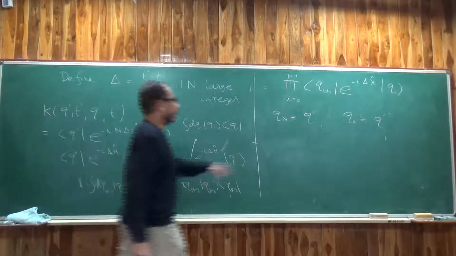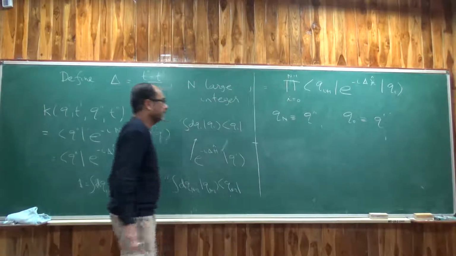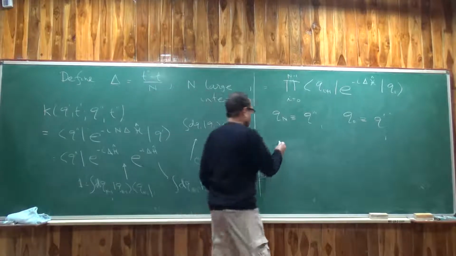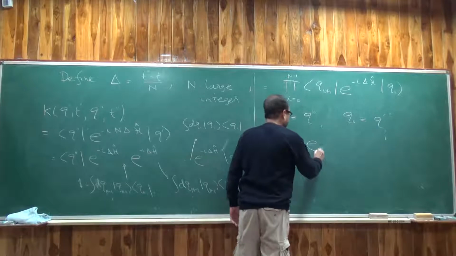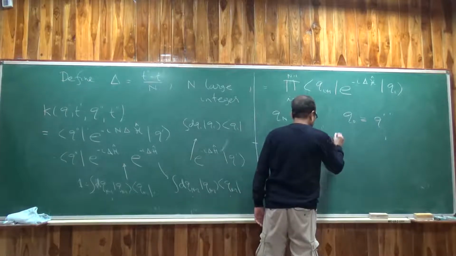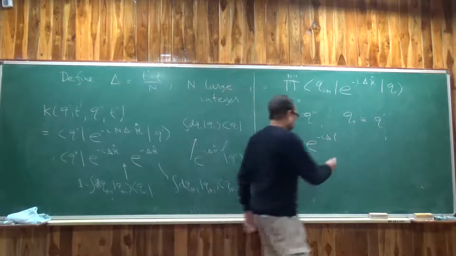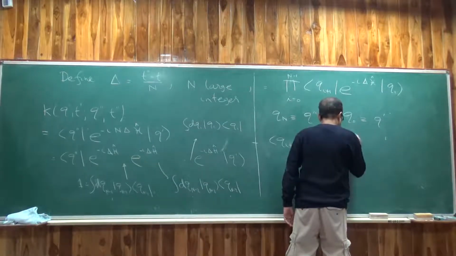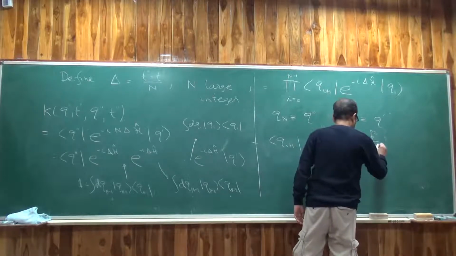Okay, so we now want to evaluate this. Our goal is to evaluate q i plus 1, e to the minus i delta h hat. Now let me write down the expression for h hat. H hat is v of q hat plus p hat square over 2m.